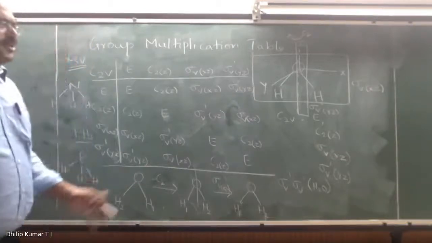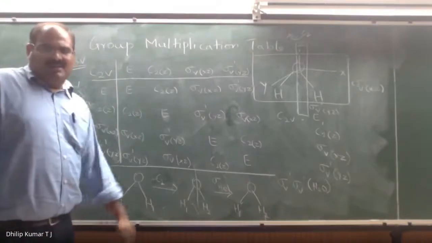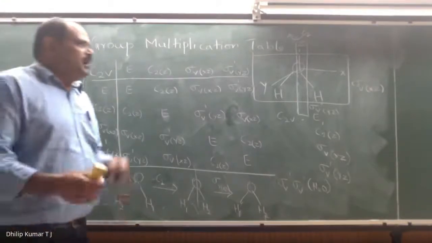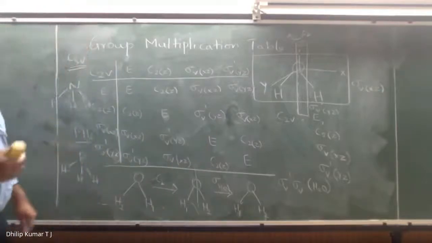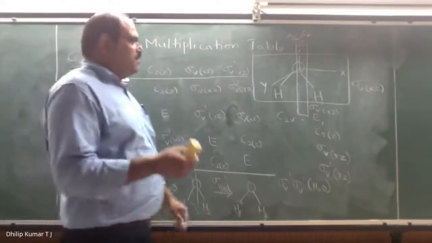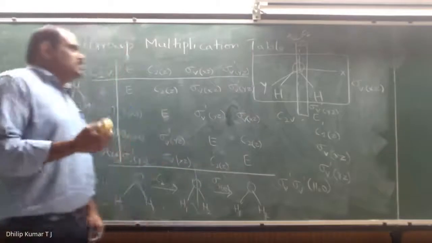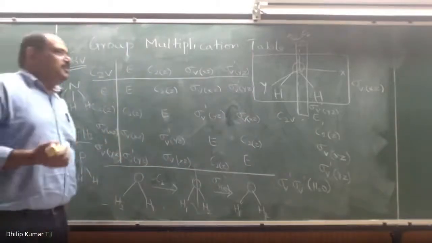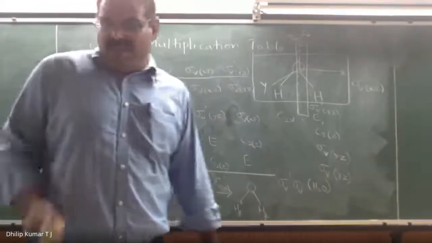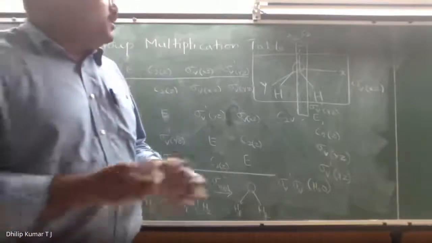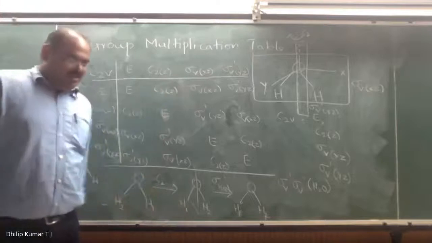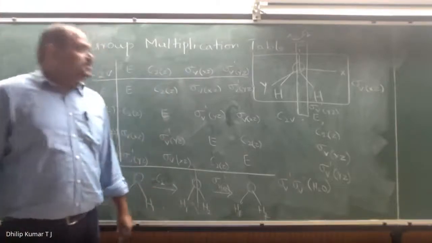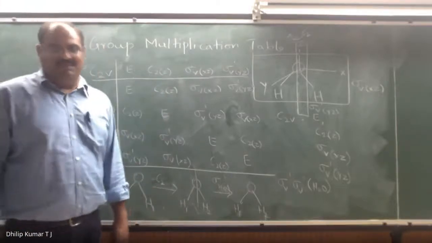Finally, we'll develop a character table, which will become very handy when you interpret the spectrum, whether IR spectrum or IR active, Raman active, or microwave active. The ultimate aim is to find out whether the transition is IR active or not, Raman active or not, or microwave active or not. For that, group theory through its character table will be very useful.